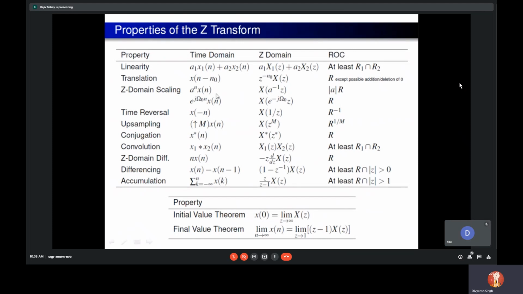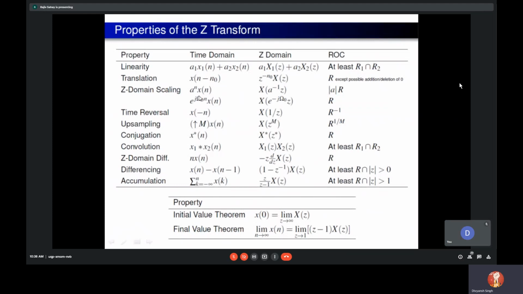Then you have Z domain scaling, and for the particular case of multiplying a sinusoid with x of n. Here you are multiplying a complex exponential in the time domain, a to the power n into x of n.